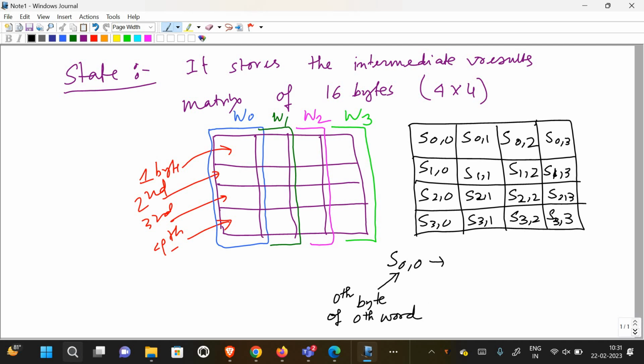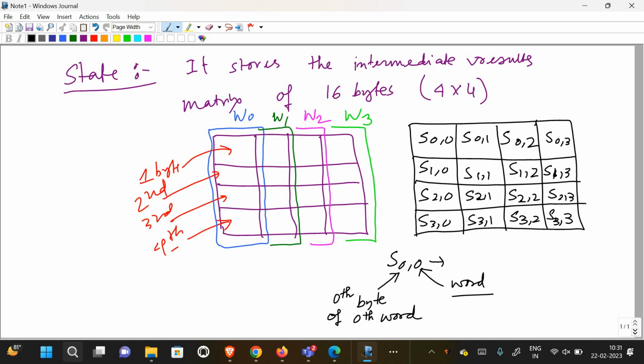The first, left-hand side 0 is considered the 0th byte, of the 0th word, W0. For the 0th word, there are 4 bytes each, because we have already defined in the previous example that one word will have 4 bytes.